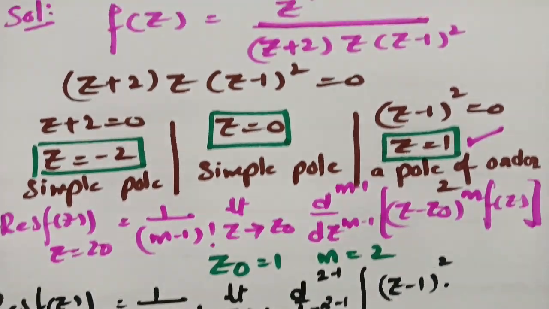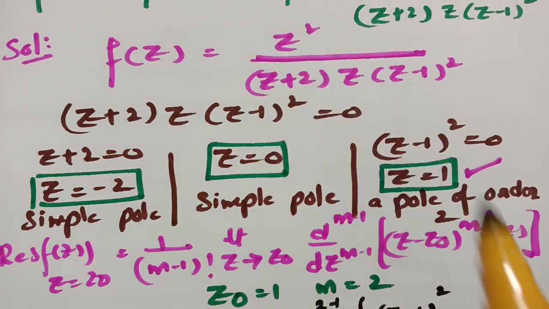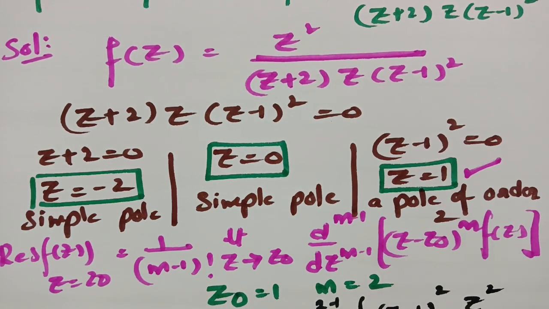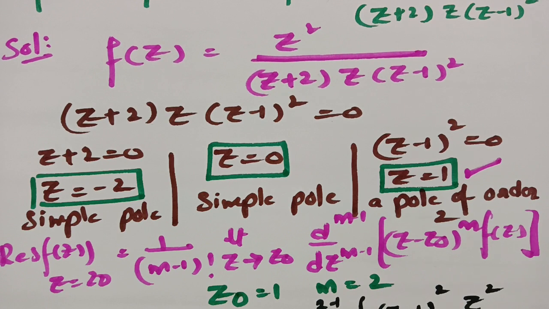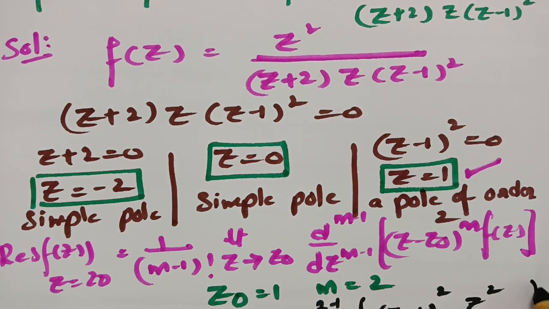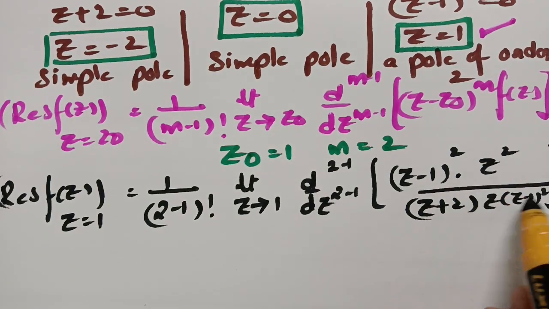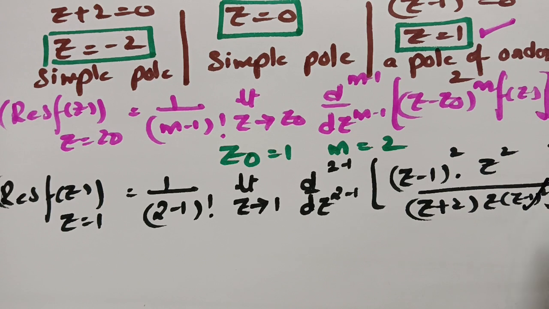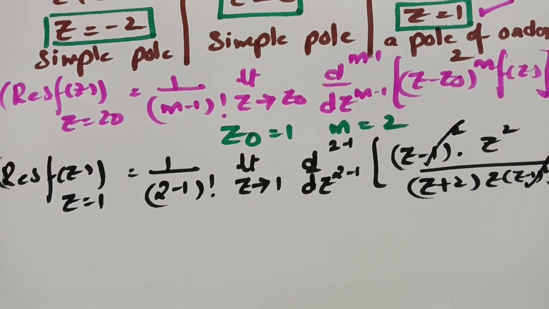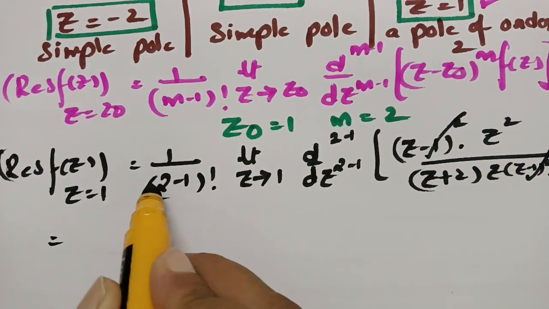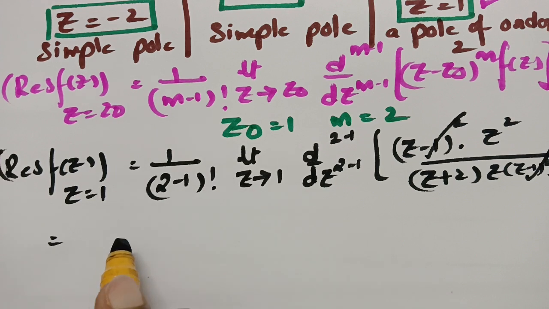What is our f of z value? f of z is nothing but z square by (z plus 2) into z into (z minus 1) square. Now I have substituted the f of z value. Now I cancel (z minus 1) square with (z minus 1) square. So this will be 1 by (2 minus 1) factorial, which is nothing but 1 factorial, so I'm leaving this one.